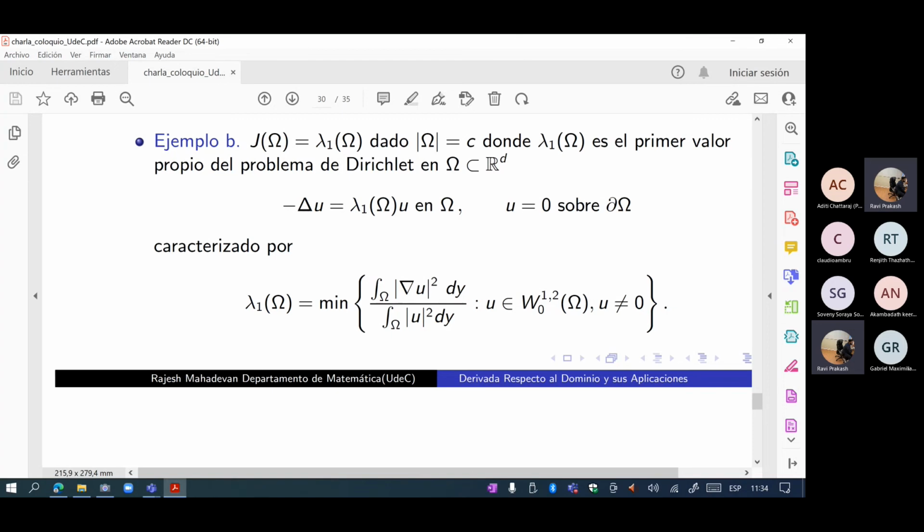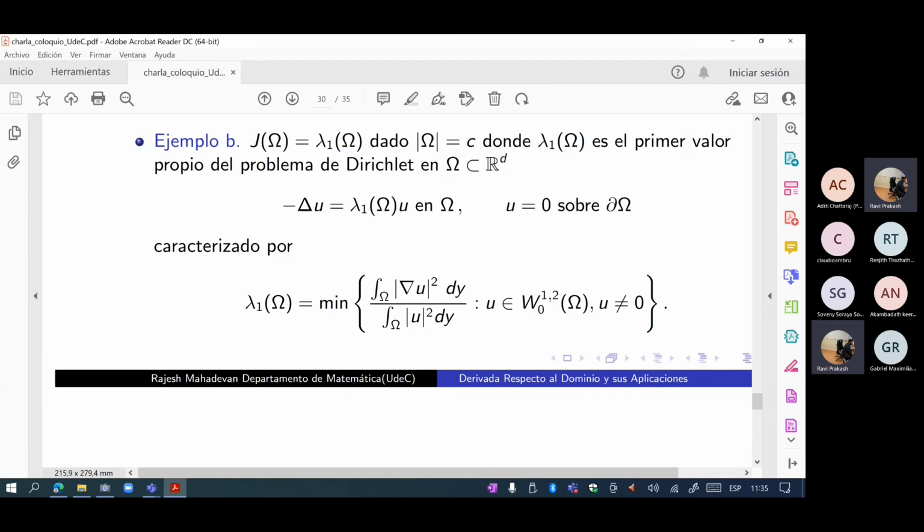So then you need to calculate the shape variation of this domain. The constraint here is that the area of the drum is fixed. So the constraint will include the area functional, but you also need to calculate the shape variation of this eigenvalue function.